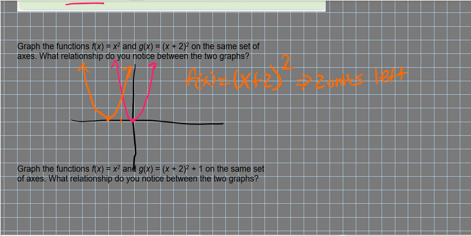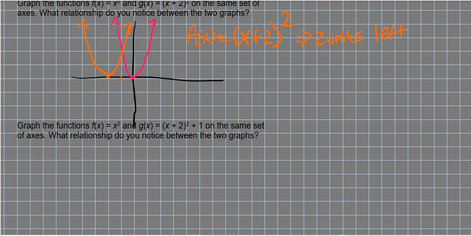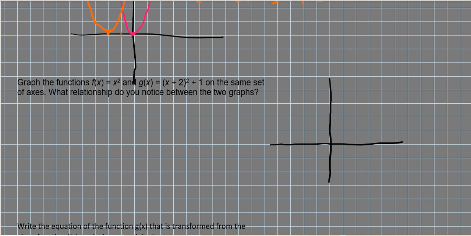Now, occasionally, you may have a 2-for-1 special. What's a 2-for-1 special? You may have a vertical and a horizontal shift. So if I look at this, it doesn't say f of x, it says g of x equals x plus 2 squared plus 1.